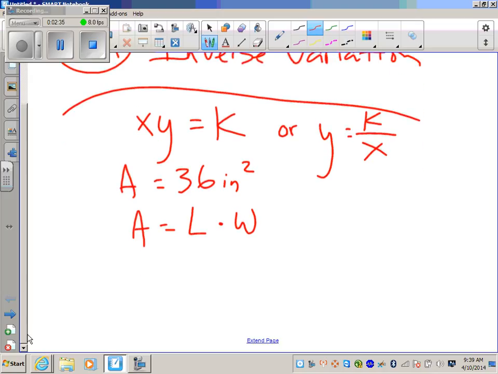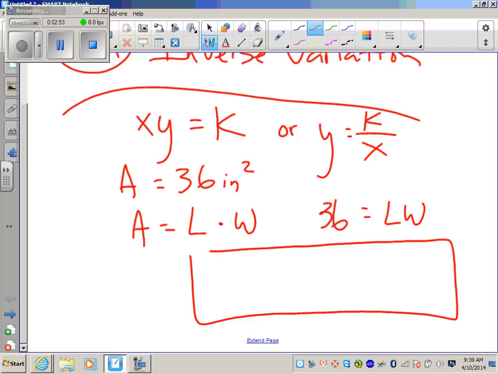So if we know the area, this is an inverse variation. The following table shows the possible values for length and width, and they put this all into a table. And it works well for this because 36 is very familiar.